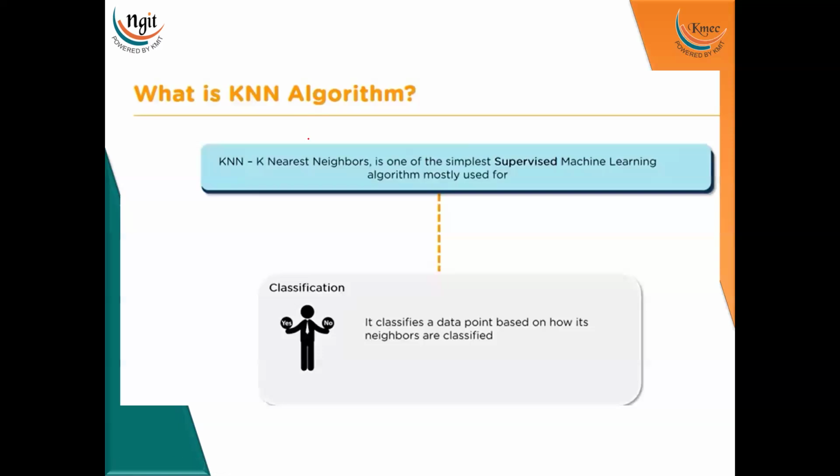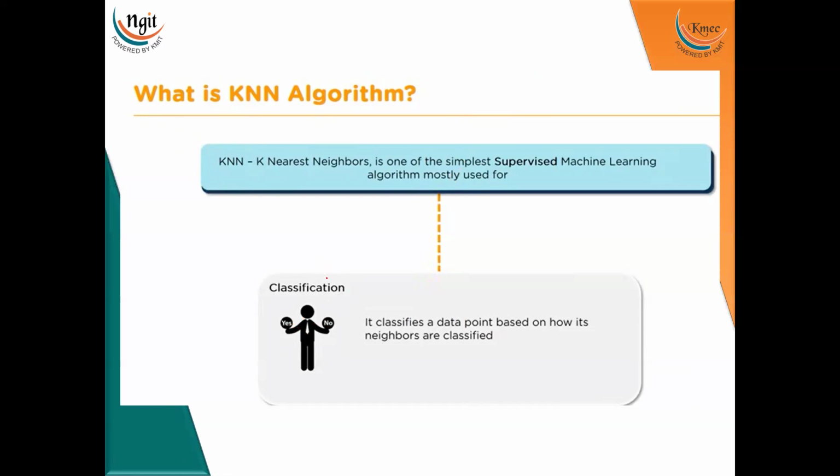So what is this KNN algorithm? K nearest neighbors is one of the simplest supervised machine learning algorithms, mostly used for classification. That means it classifies a data point based on how its neighbors are classified. As the name itself indicates, it works on its neighbors.